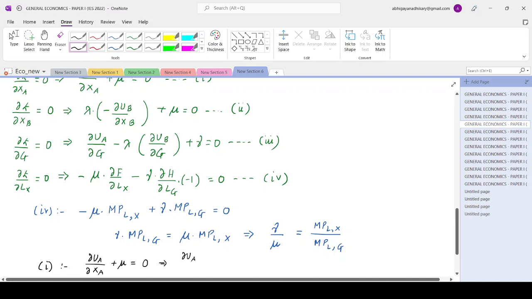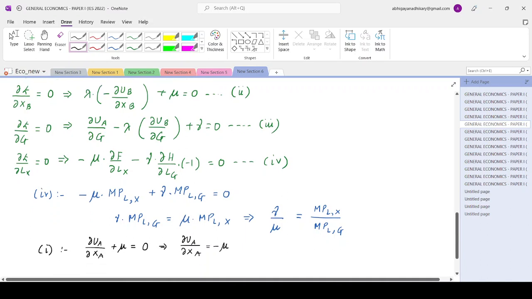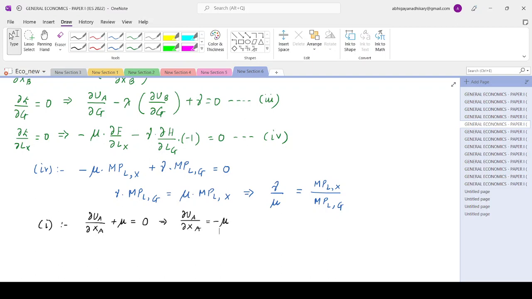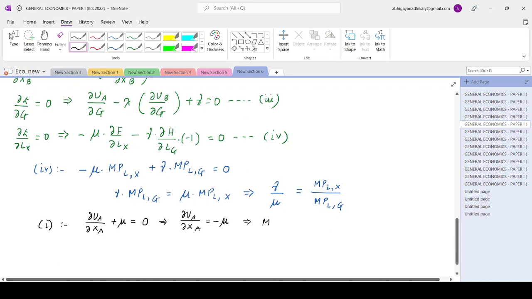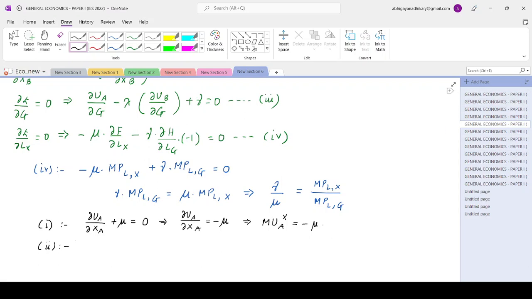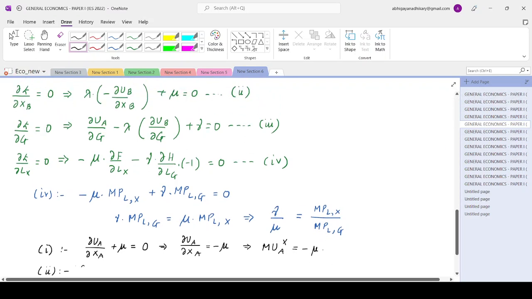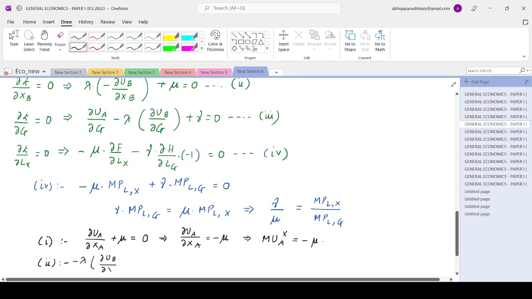That means del UA by del XA is equal to minus mu, which is the marginal utility of agent A from good X. And if you look at equation 2 over here, that is minus lambda del UB by del XB plus mu is equal to 0.